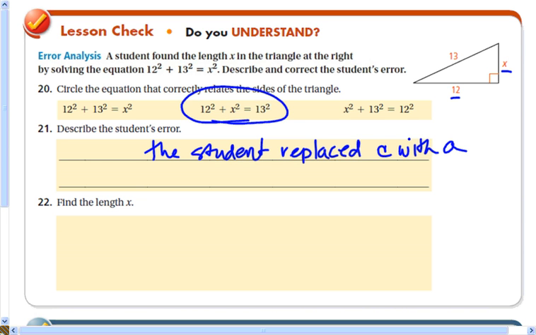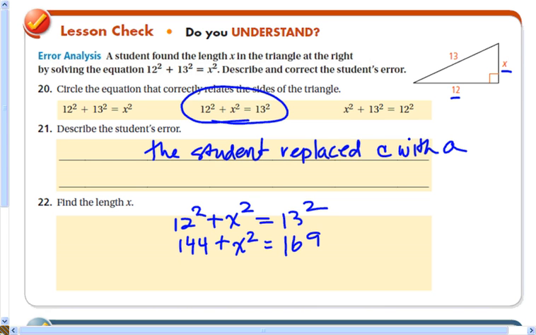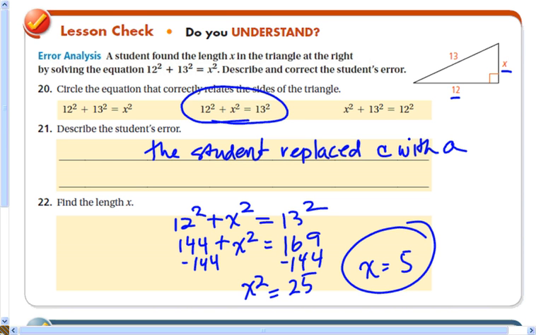So to find x, we would do 169 minus 144. Subtract 144 from both sides, and we get x squared equals 25, so x is equal to 5. All right, that's it. I'll see you tomorrow.